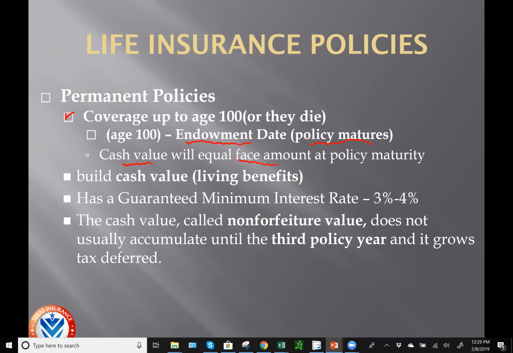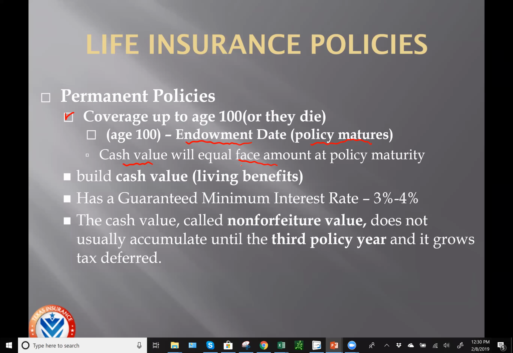Next, permanent policies will build cash value. Another name for that cash value is called living benefits. You don't have to die to use it. You can use it while you're still living. So living benefits. Now, since you're buying a permanent policy so that you'll have life insurance, but also so you will have cash value, the insurance company has to make some guarantees to you.